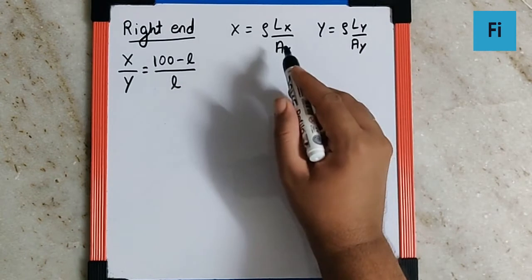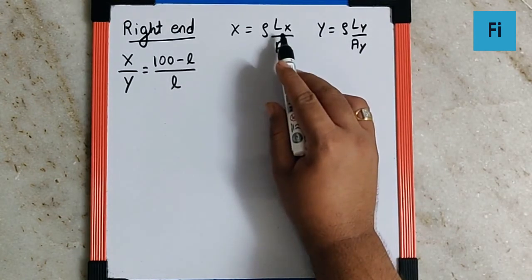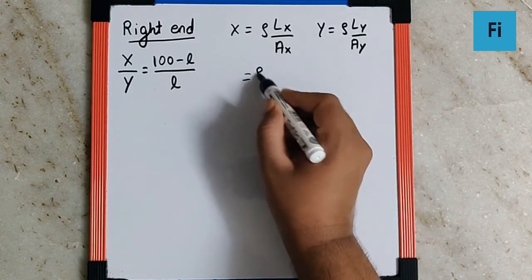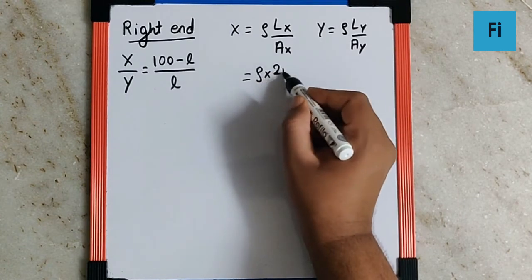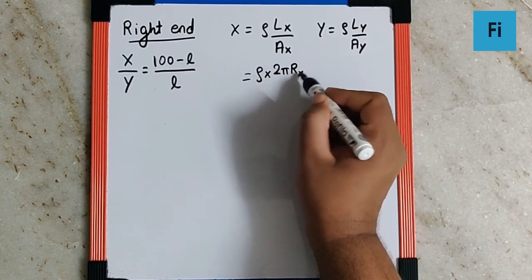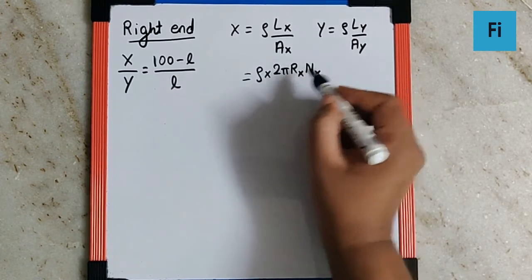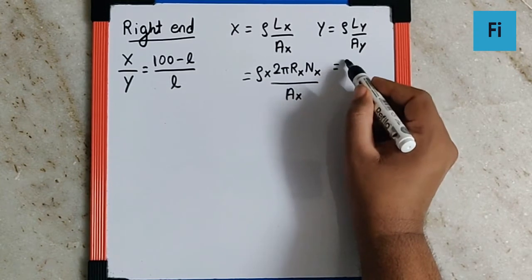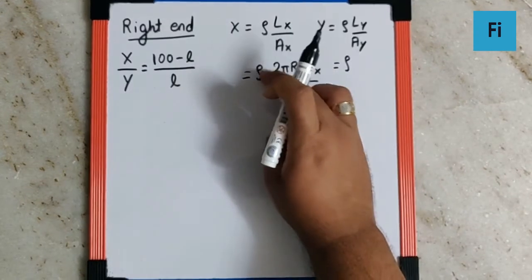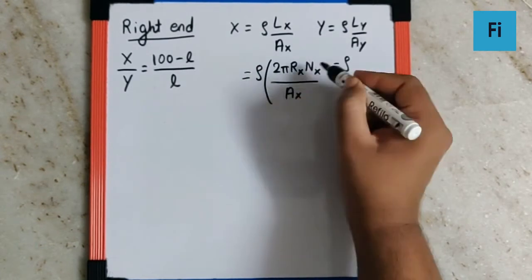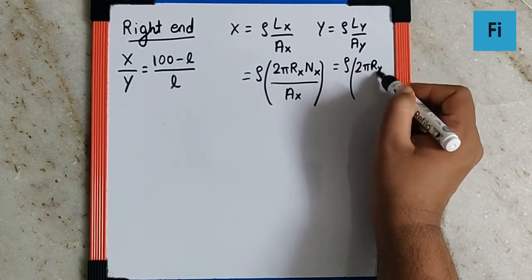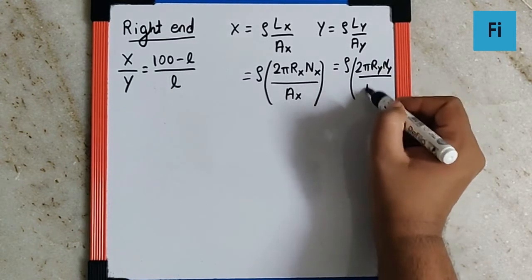Since it is a coil, the length of that coil will be nothing but the circumference into the number of times that thing is coiled. That means rho into 2 pi Rx into number of turns for X upon Ax. Similarly, this will be rho into 2 pi Ry Ny by Ay.